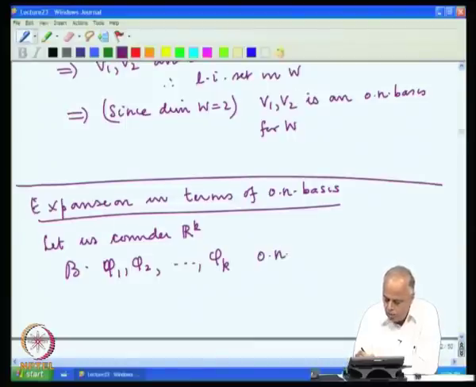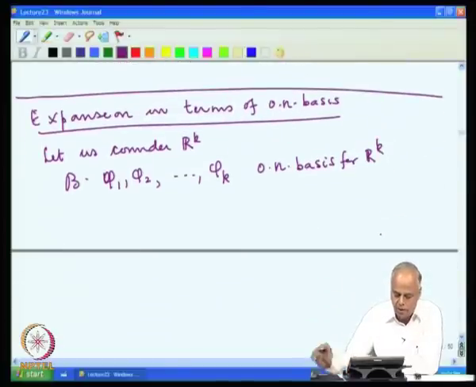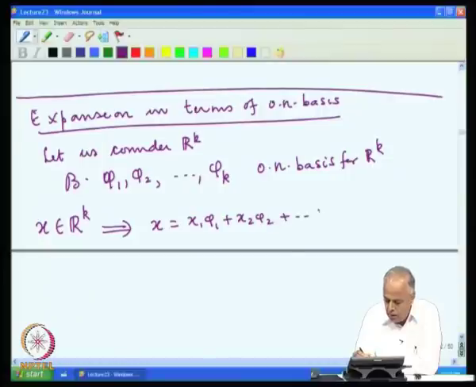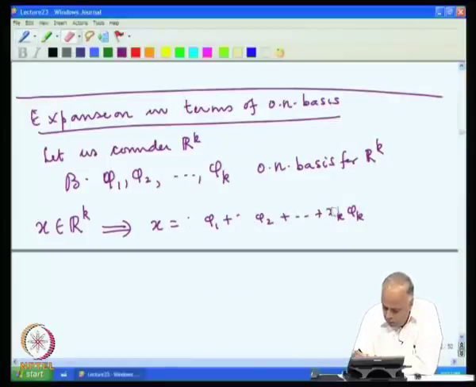So, suppose we have an orthonormal basis for R^k, then any vector x in R^k we can expand as x equals x1 phi 1 plus x2 phi 2 plus up to xk phi k. What we do not know is what these x1, x2, xk are. So, let us call them alpha 1, alpha 2, alpha k. At the moment we do not know what they are.